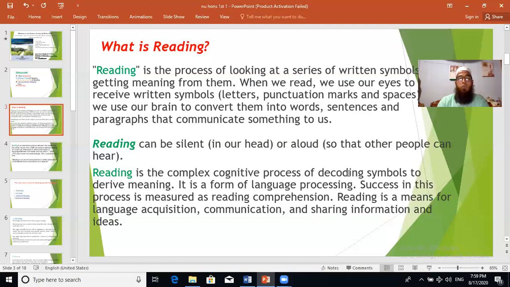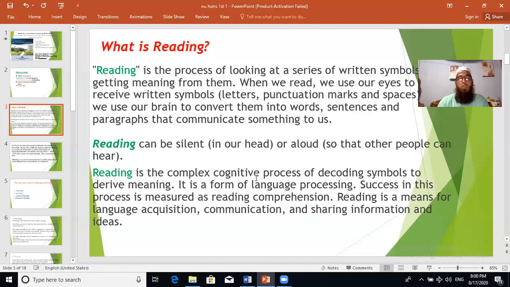That means the process happens in our brain. Decoding symbols. What does it mean? Have any idea? Decode, to get meaning. Code means to give meaning and decode means to get meaning from something. So when we try to get meaning from any symbols, that is decoding.